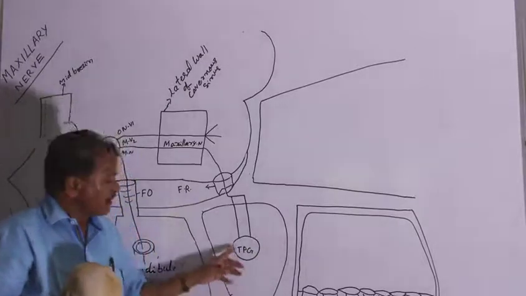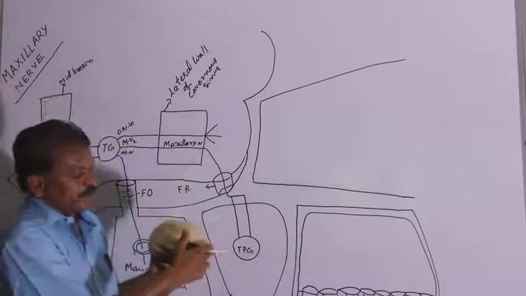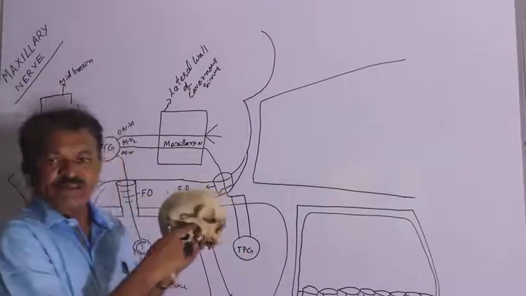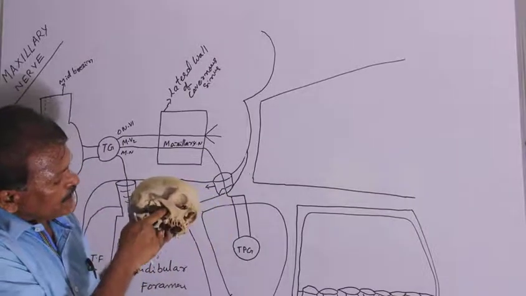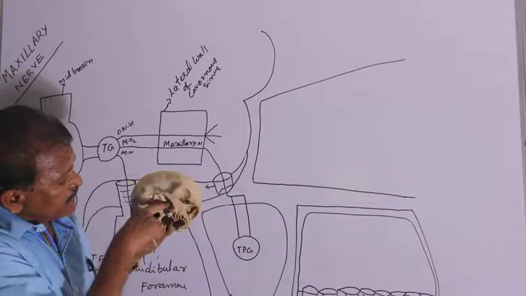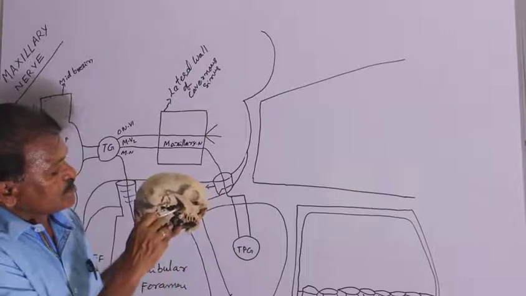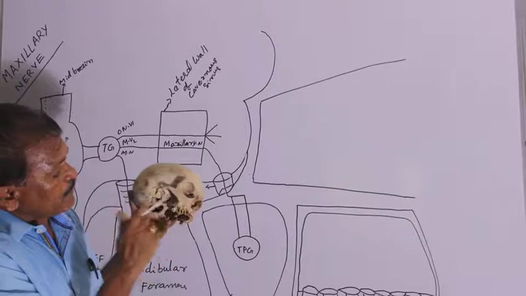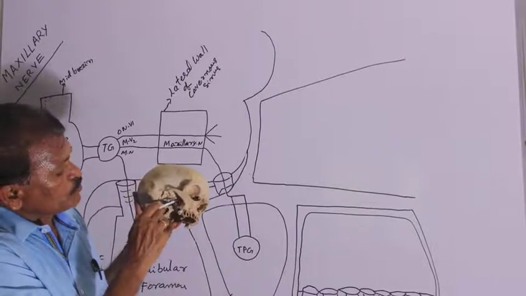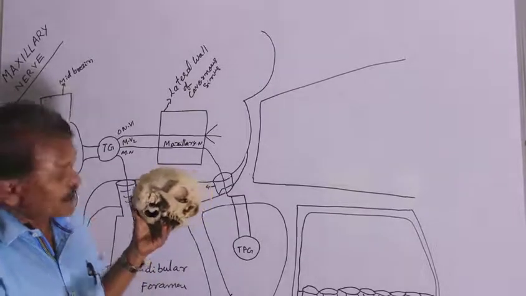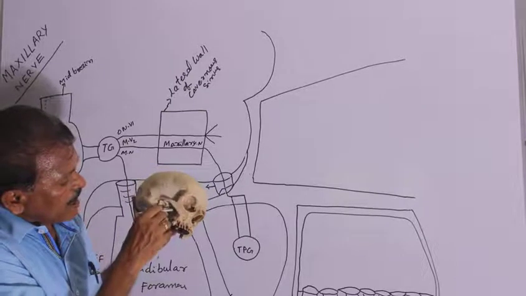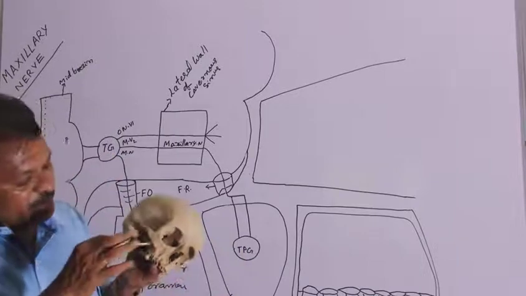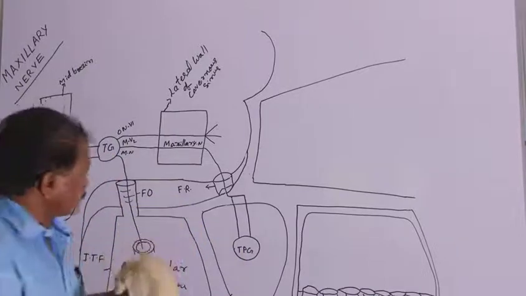Once again, listen. Anteriorly there is the maxilla, posteriorly there is the pterygoid process, and superiorly at the roof side there is the inferior surface of the superior part of the posterior surface of the maxilla. Posteriorly there is the root of the pterygoid process, and in between there is the pterygopalatine fossa.